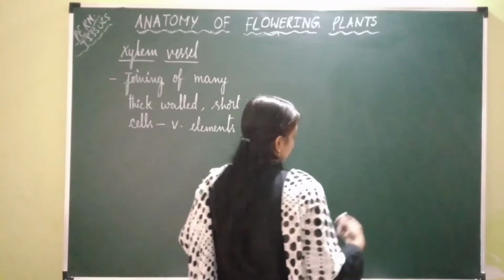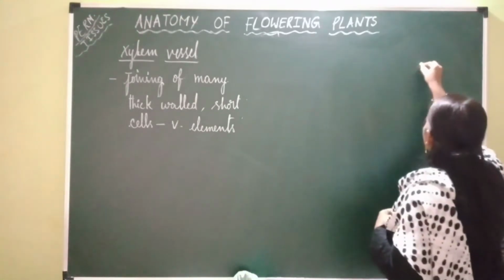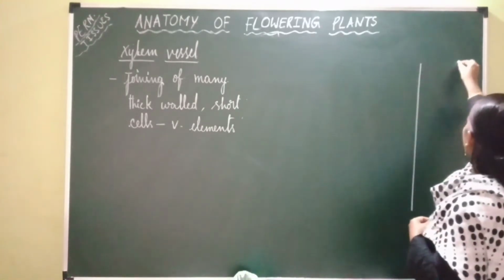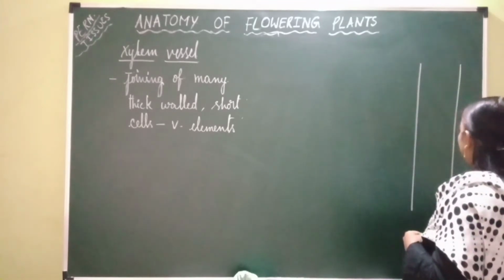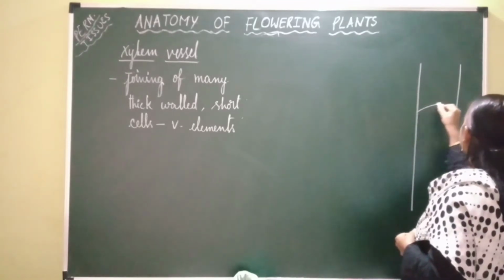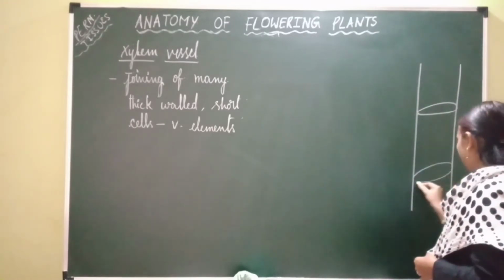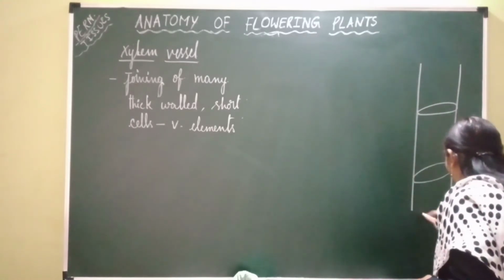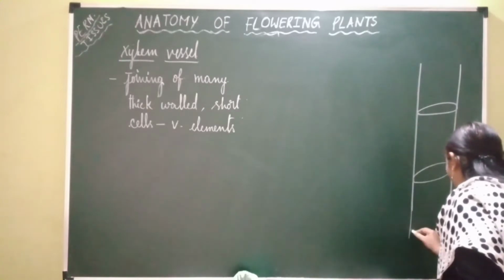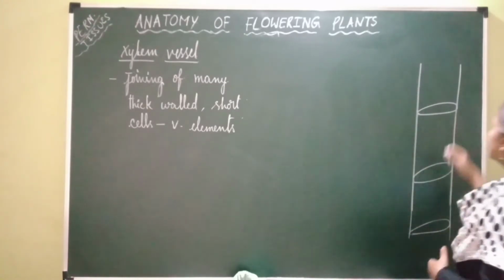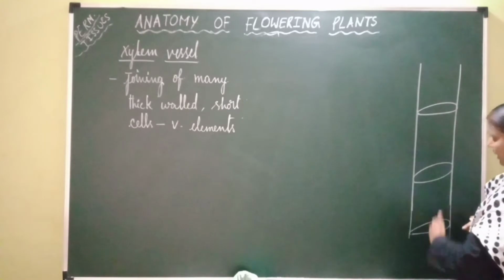Okay, let's see the structure of this vessel. So let's say this is the vessel and it is formed by the union of many cells called vessel members. Like this, these are vessel members. This is one vessel, which is a tube-like structure.